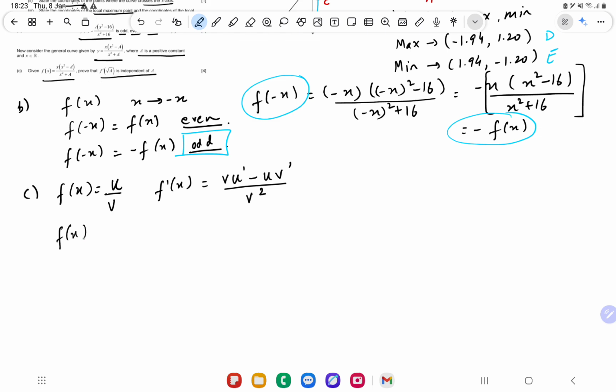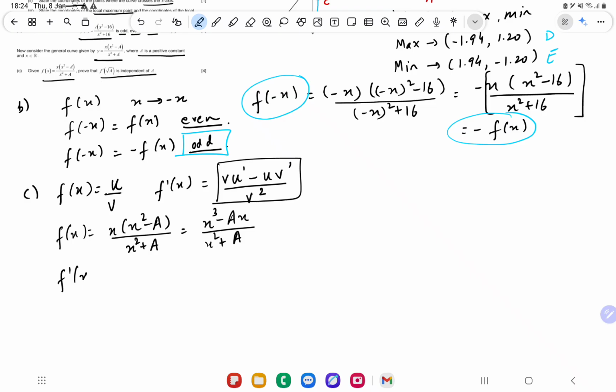So let's write this function. It's x into x square minus a upon x square plus a. So I can write it like this also, just for the sake of simplicity. Now I will be applying the quotient rule into my function. So let's see how we will get its derivative. So it's v u dash.